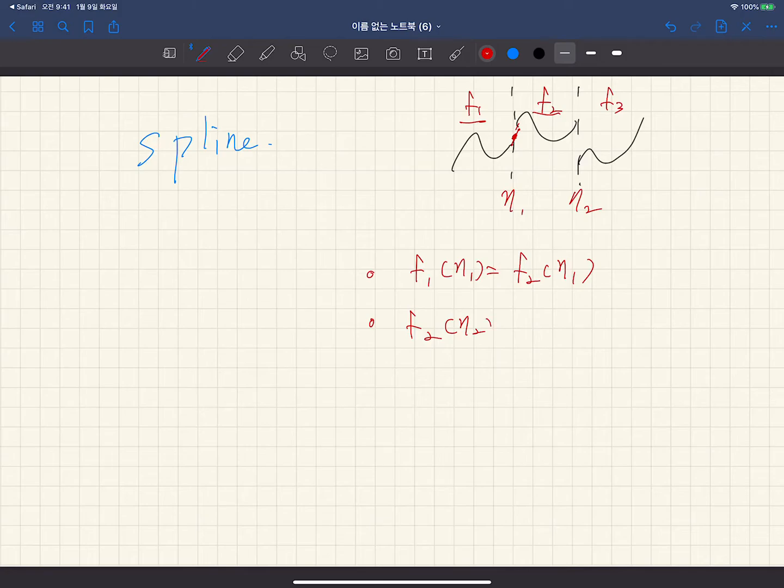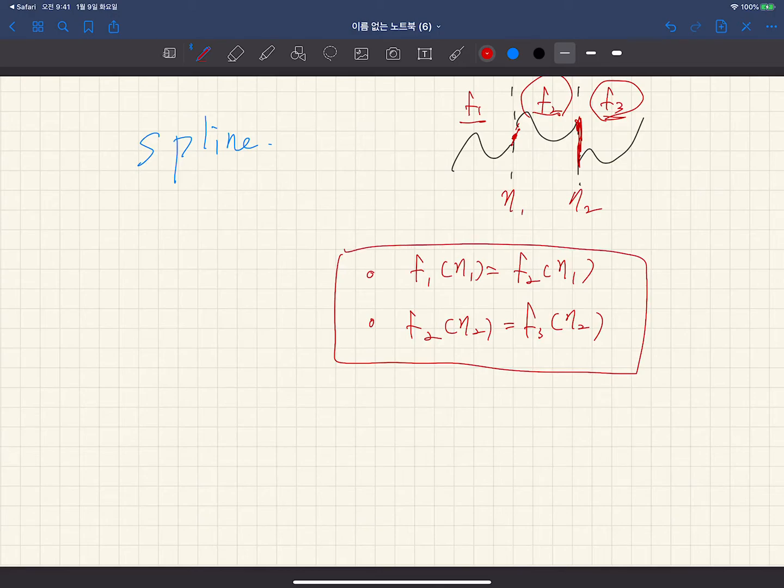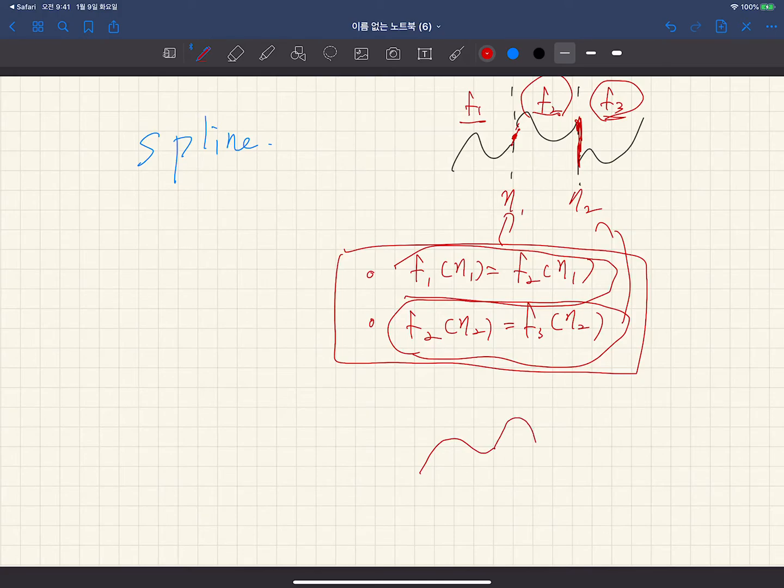And f2(eta 2) equals f3(eta 2). These two functions must have the same function value here. Okay, with these two conditions, with one single condition for each boundary, eta 1 and eta 2, you can enforce that the piecewise polynomial function becomes a continuous function like this.